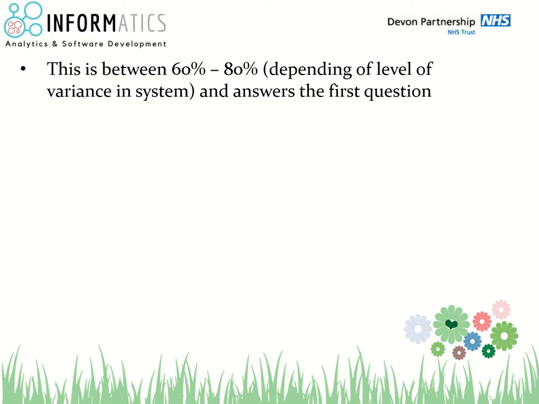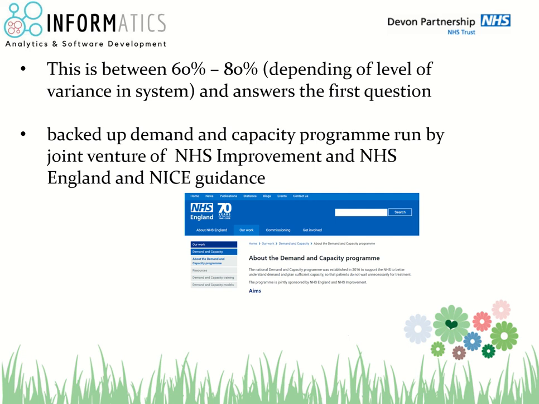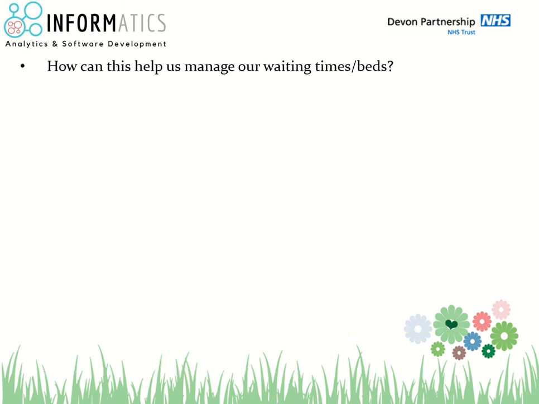So that's where the magic 80-85% NICE guidance for bed occupancy comes from. All this is backed up by NHS Improvement, NHS England, NICE guidance, and there's obviously a big national demand and capacity programme, which also does some quite nice, simpler modelling, much more overview modelling than the stuff that we are going to be doing. And there are some details there and there.